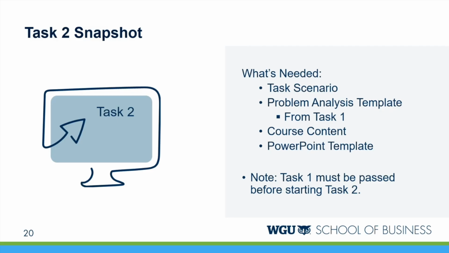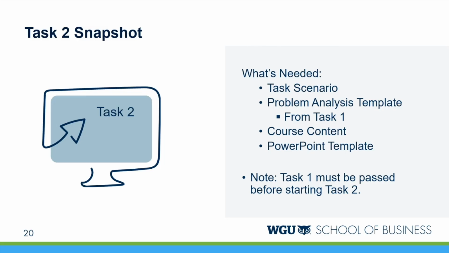Also, you might notice this note, task 1 must be passed before starting task 2. That is not our common practice. If you want to jump ahead into task 2 while that first one's being evaluated, usually you can. For this one, you cannot. You have to wait until you pass task 1 before you submit task 2.